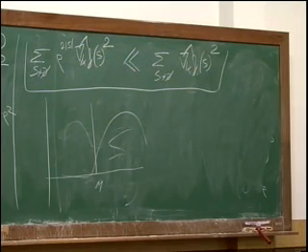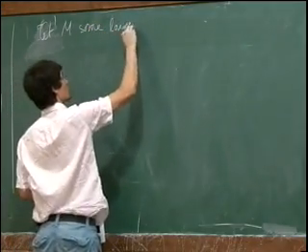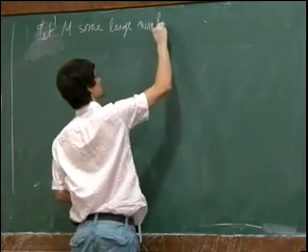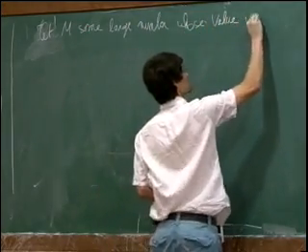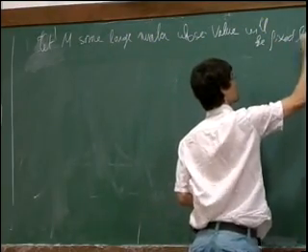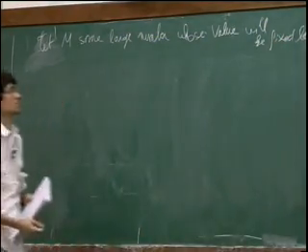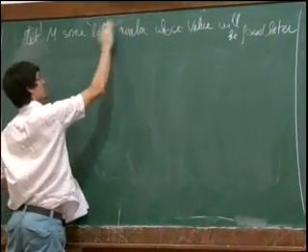So let M be some large number whose value will be fixed later. Here, it's not the heuristics as before, right?